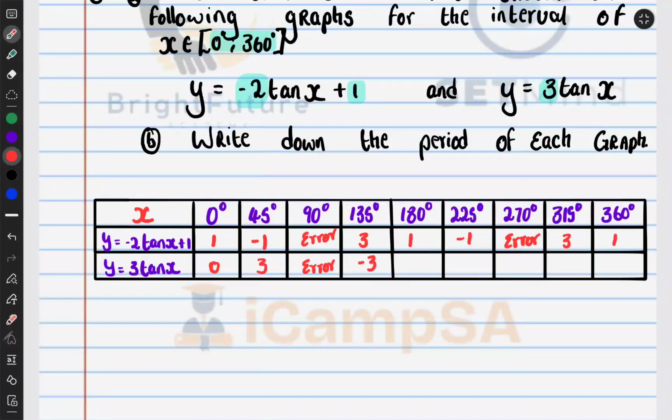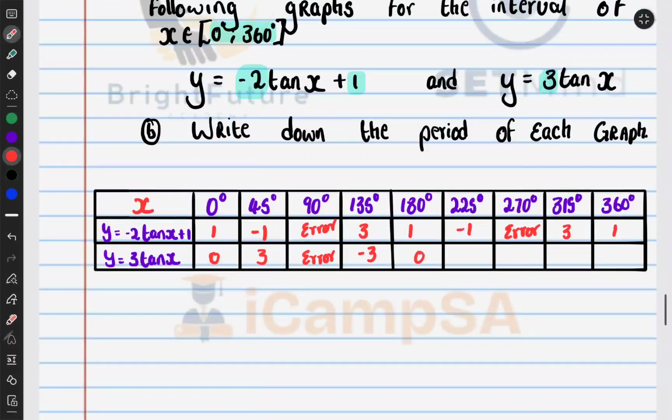At 180, we get a 0. At 225, we get a 3. 270 is an error. At 315, we get a negative 3. At 360, we get a 0.